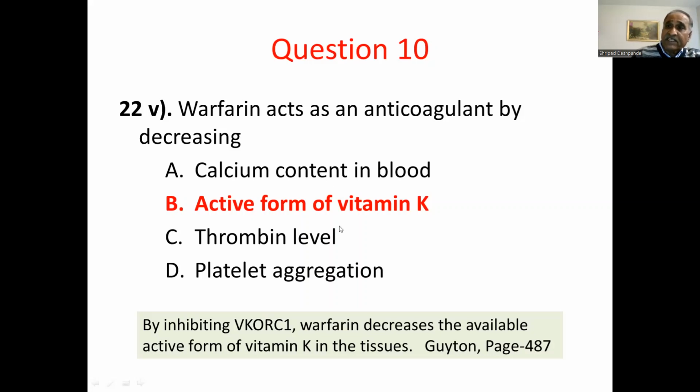Maybe thrombin level is the next step to occur because of the decrease in the active form of vitamin K, but it's not due to platelet aggregation.